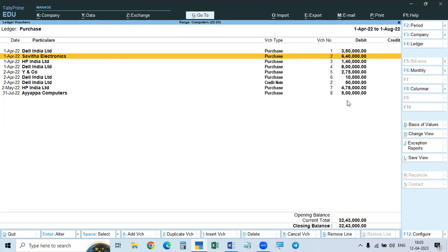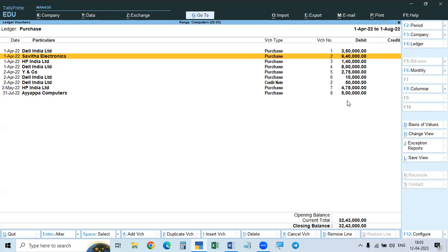And then, due to any reason, for example due to quality, suppose we ordered some quality and they supplied some different quality goods or stock items, or sometimes the goods or items supplied are damaged.